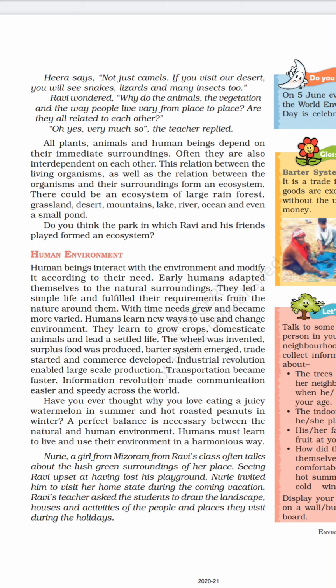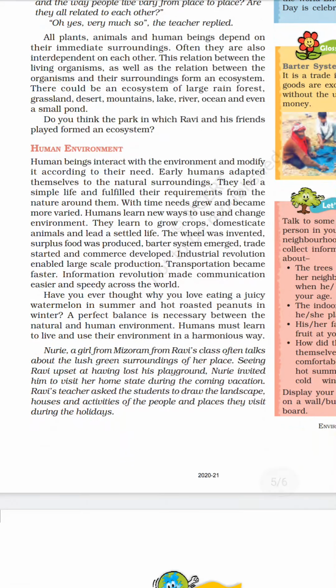But modern man uses different types of facilities by modifying the available resources with the help of tools and technologies. We construct houses, buildings, roads, bridges, railways, vehicles, etc. All such constructions of human beings we can call the human-made environment.